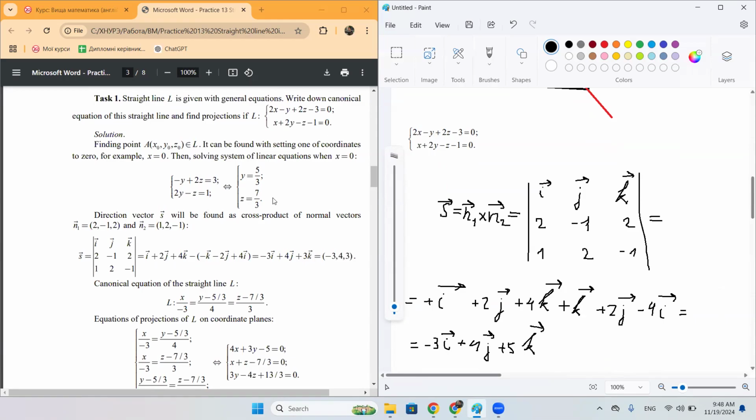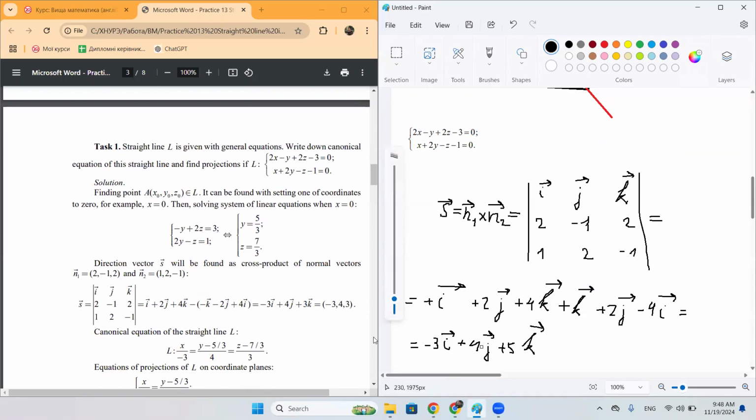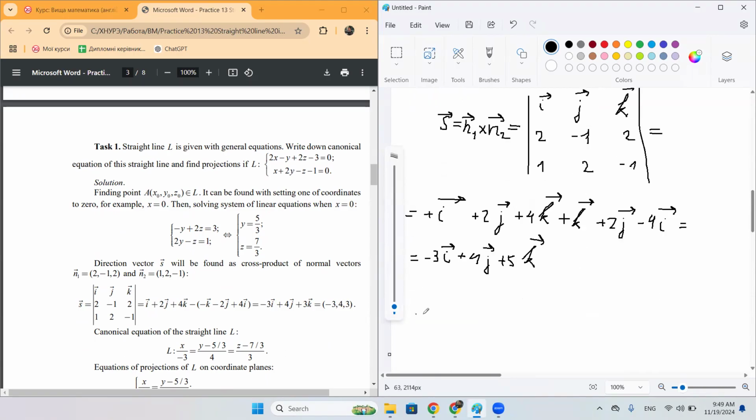Yeah, just a wrong calculation. So now minus 3i, yeah, plus 4. Yeah, the mistake is here. So we calculated everything correctly. So we have the coordinates of the direction vector.